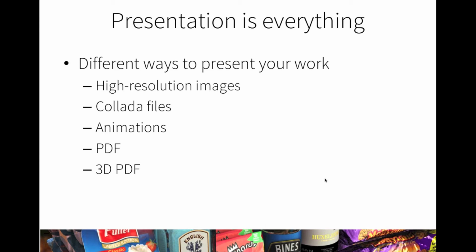You can also build animations, either by simply rotating the object with your mouse and recording what you do as a QuickTime, or by building more elaborate keyframe animations in iC3D Suite. And then you can export a PDF that contains a bunch of different images of your object in it, or a 3D PDF.